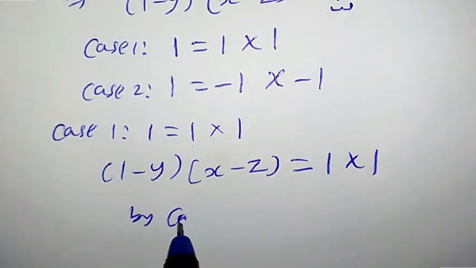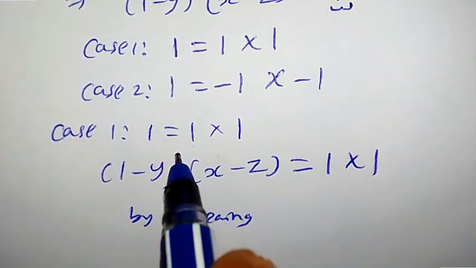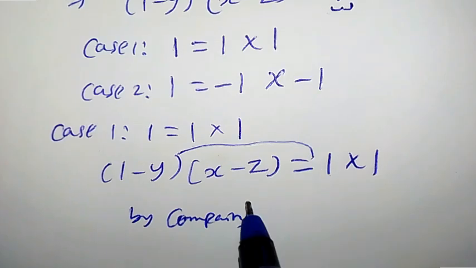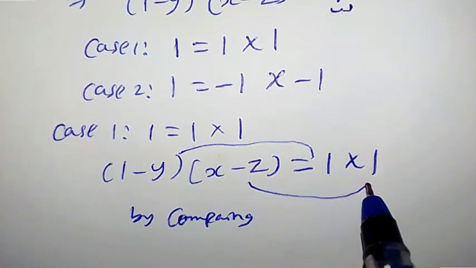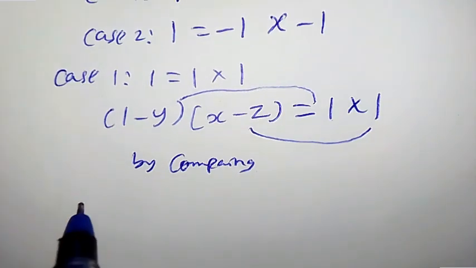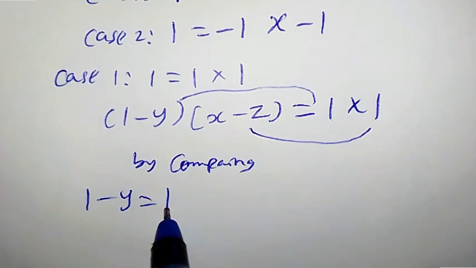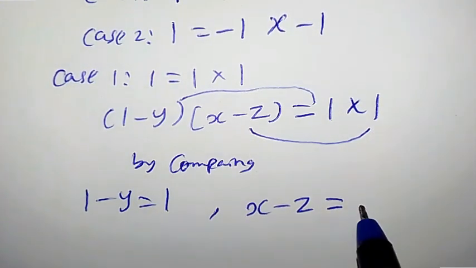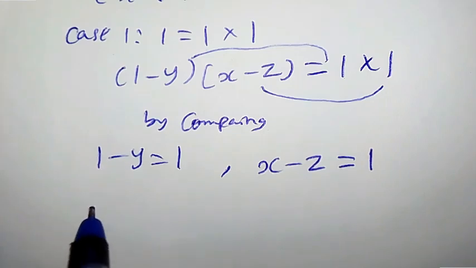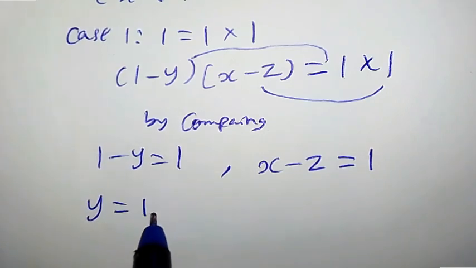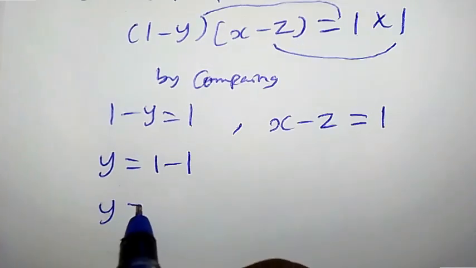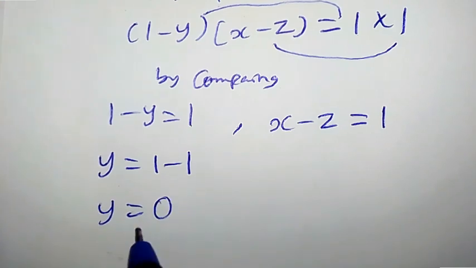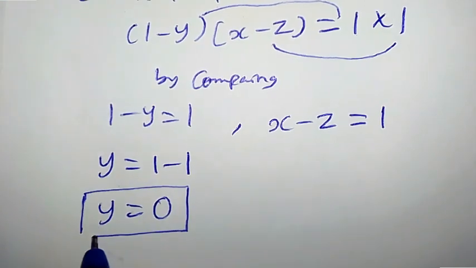By comparing, 1 minus y will be equated to 1 and x minus z will be equated to 1. From here, y is equal to 1 minus 1, that is simply 0. This is the value of y. y is equal to 0.